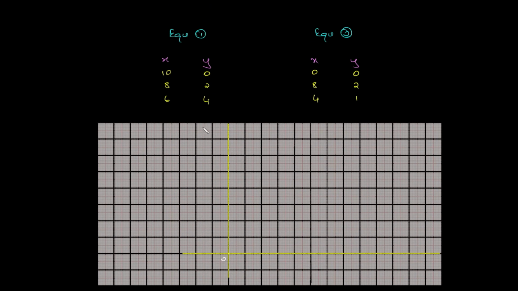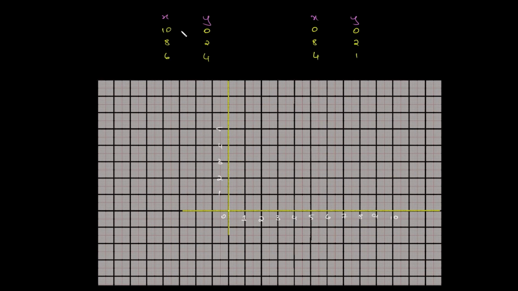So let's mark it 0. Scale is ones itself, so no need to worry about that. 1, 2, 3, 4, 5, 6, 7, 8, 9, 10. 1, 2, 3, 4, 5. So we are looking at the points (10, 0), (8, 2) and (6, 4), right?